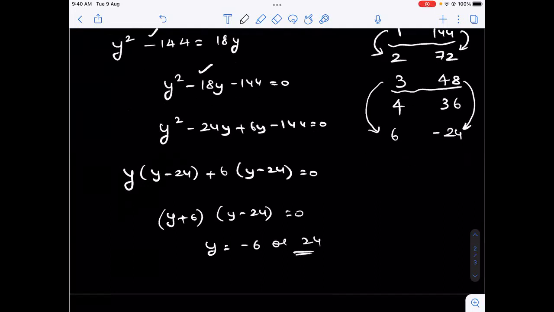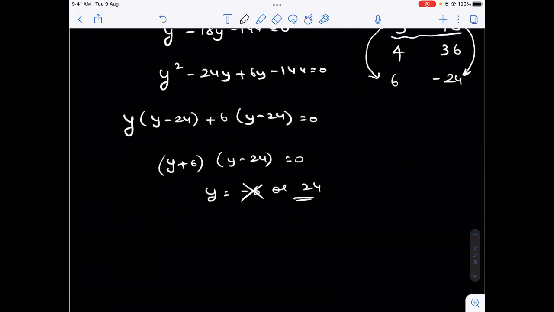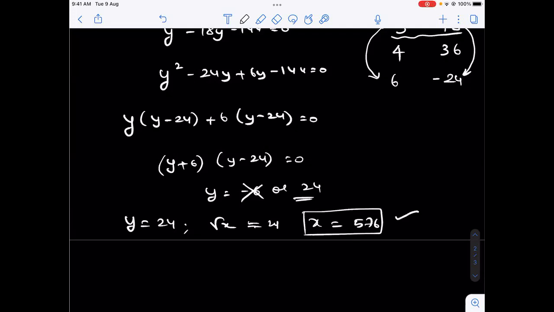So which one is eliminated? So y is 24, but y is what? Root x. So root x is 24. So x will be 24 into 24, which is 576. So there are a total of 576 birds that are available.